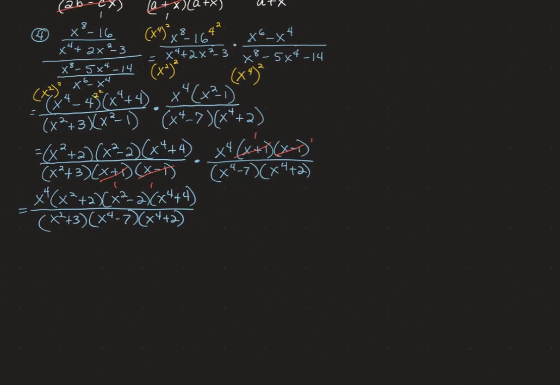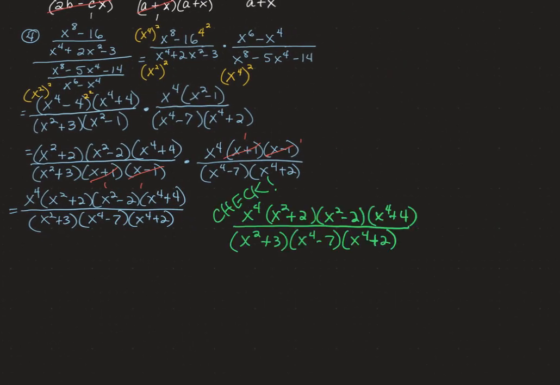Make this smaller so I have more room to check. There's my quotient, and I multiply that by the divisor to see if I come up with my original dividend, which is up here. But remember, when I'm multiplying by the divisor, I need to multiply by the divisor as it was originally written, not by its reciprocal, by the original.